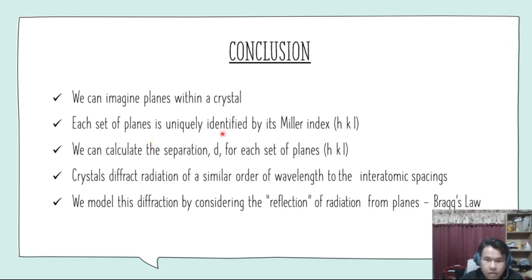We can calculate the separation d for each set of planes. Crystal diffraction uses radiation of a wavelength similar to the interatomic spacing. We also model this diffraction by considering the reflection of radiation from planes, which is Bragg's law.